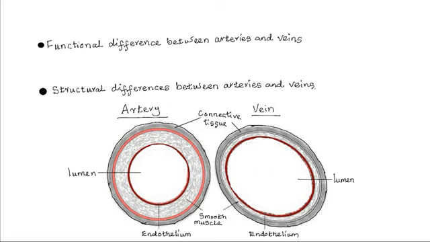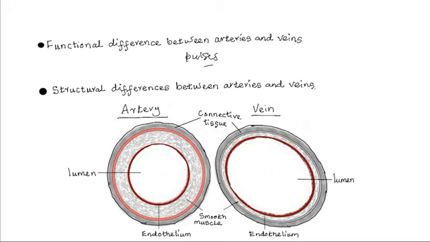So the first point of functional difference is the blood pressure. High pressure in the artery, low pressure in the vein. Secondly, and because of the first point, in the arteries, blood flows rapidly and in pulses, but in the veins, blood flows smoothly, so there are no pulsations.